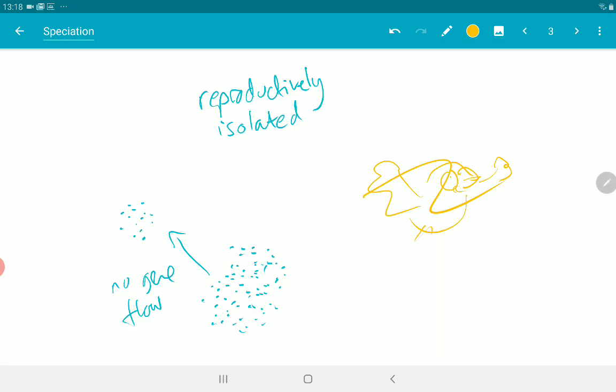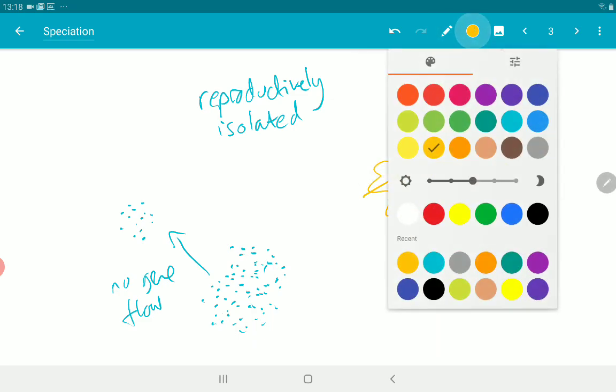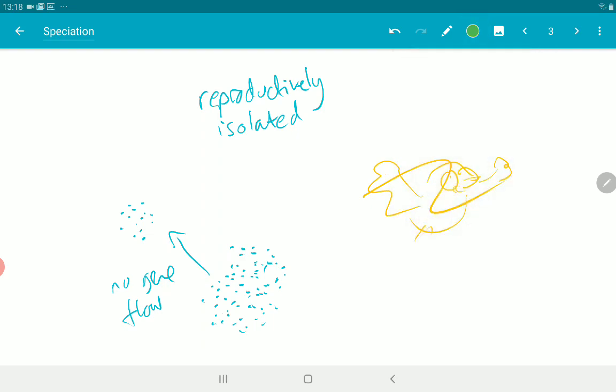And what we've got is a population of parakeets here in London, which is completely isolated from the population back in the Himalayas. There's no opportunity for genes to flow between those two populations. That just can't happen.